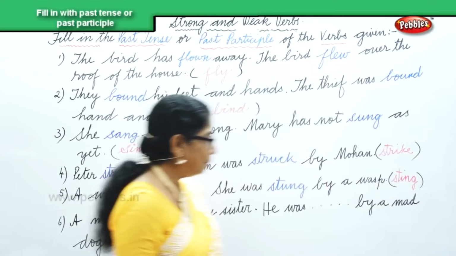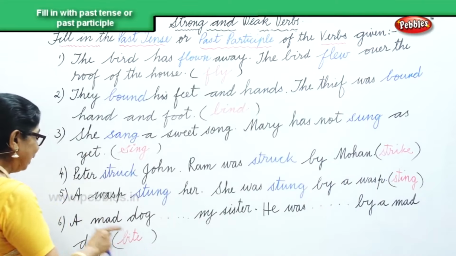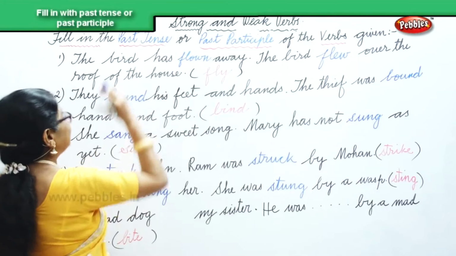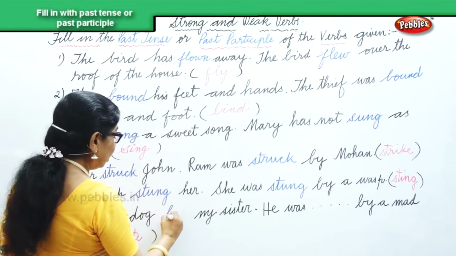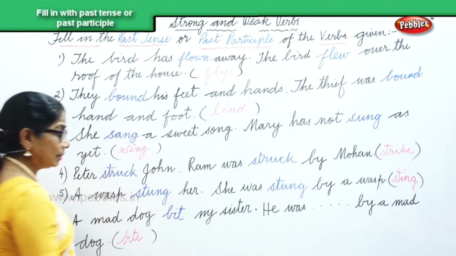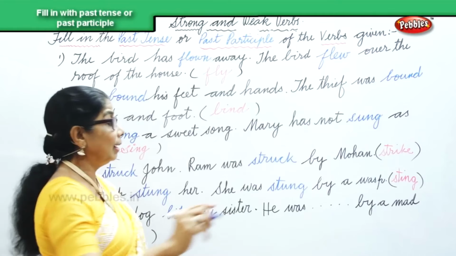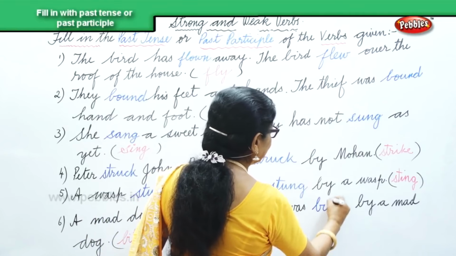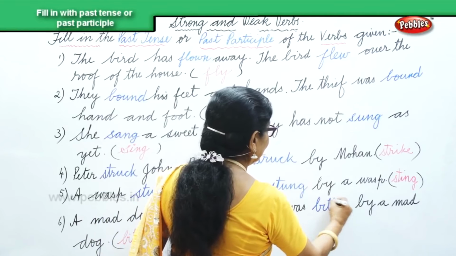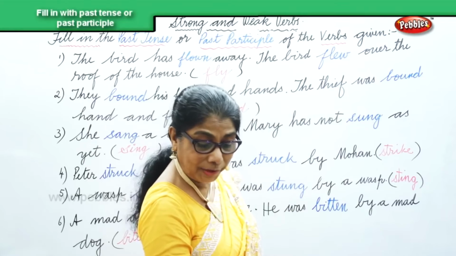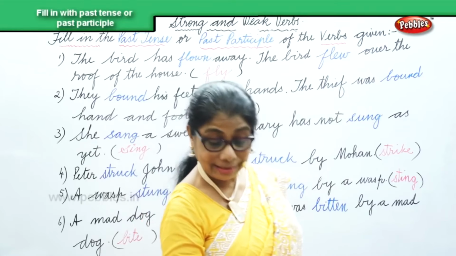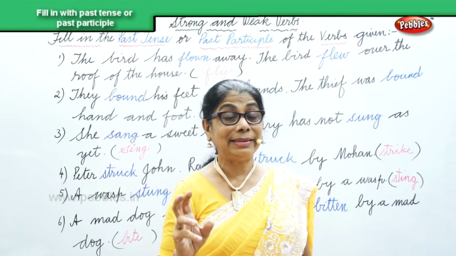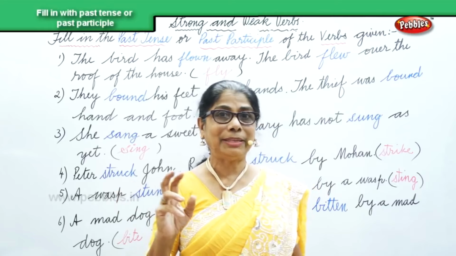A mad dog bit my sister, that is the past tense. He was bitten by a mad dog, that's the past participle. So you see, we are given the present tense and we are filling in the sentence with the past tense and past participle.